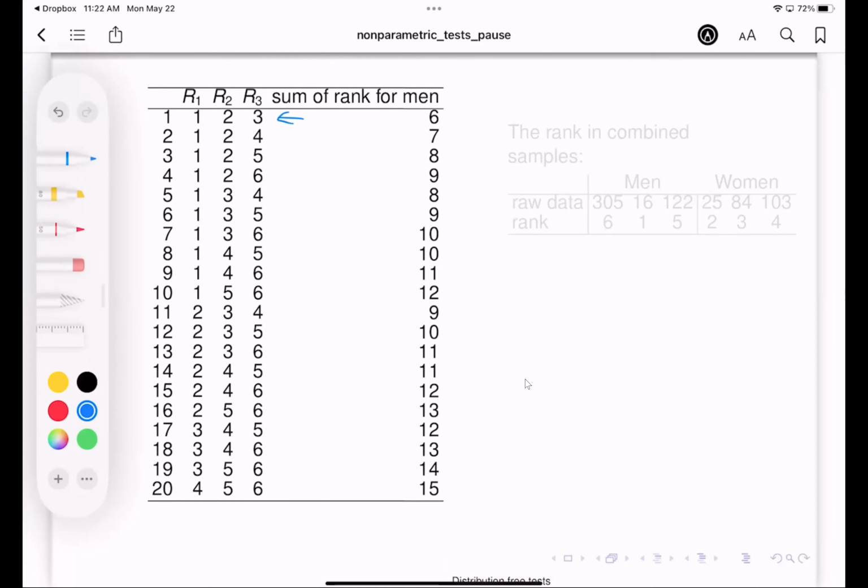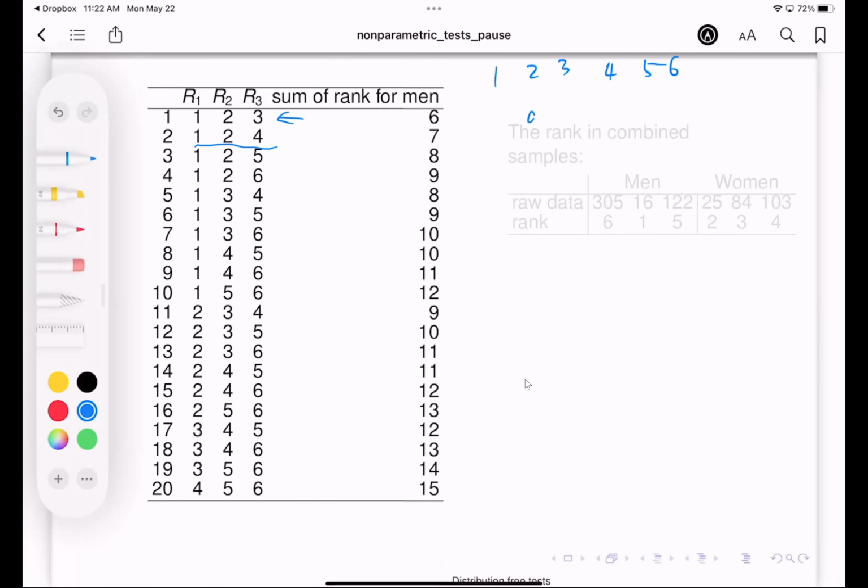You could also have the 3 being from the women, so 1, 2, 4, for example, and 1, 2, 5, 1, 2, 6, and so on. Basically, out of 6 possible values, 1 through 6, we pick 3 of them and use them as the ranks for the men.